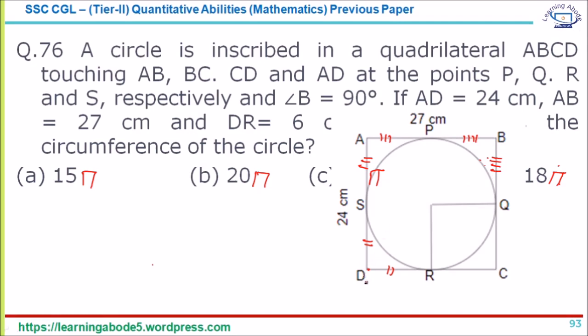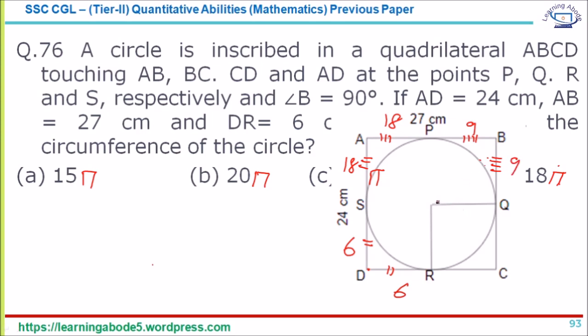Right. Now we know DR is 6. If DR is 6, SD is 6. Now complete AD is 24. So if the complete length is 24 and SD is 6, AS is 18. Now if AS is 18, then AP is 18. Now the total length is 27. If AP is 18, PB is 9. If PB is 9, now this is also 9.